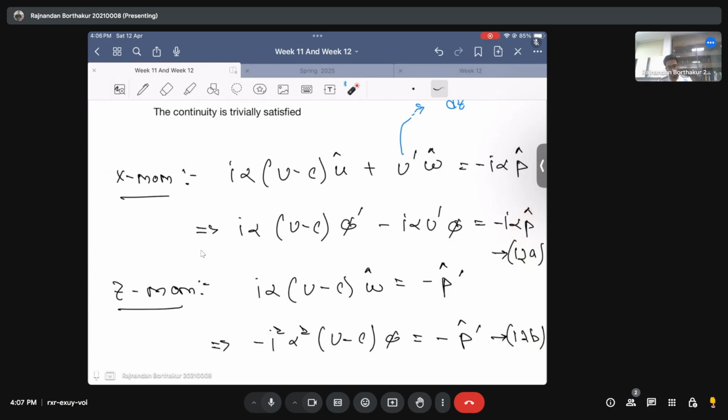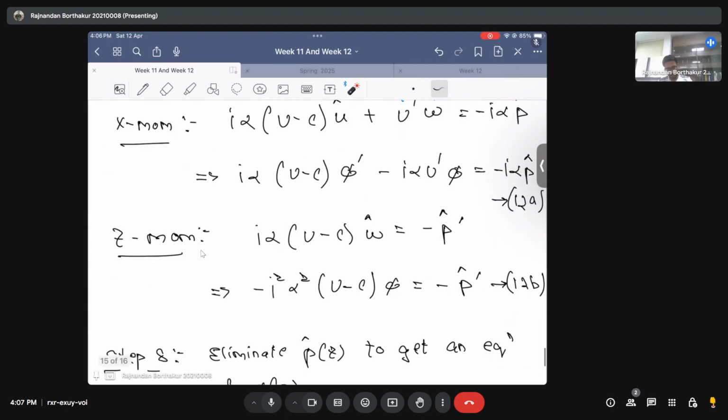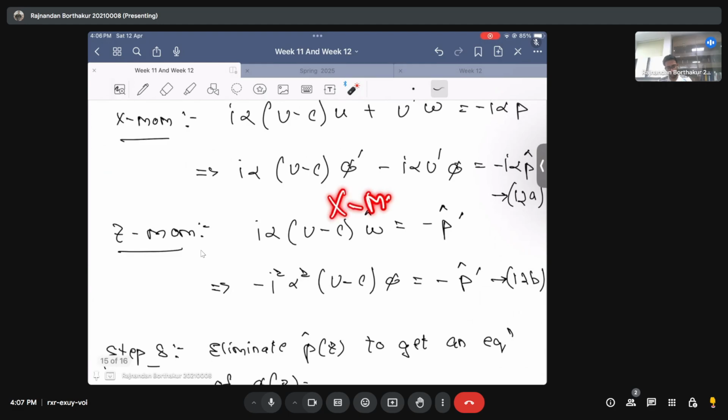What we can do is differentiate the x momentum equation with respect to z, and then subtract i alpha times the z momentum equation in order to eliminate this p hat from our equation.